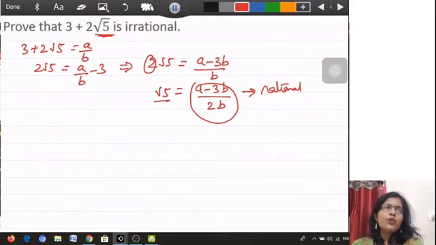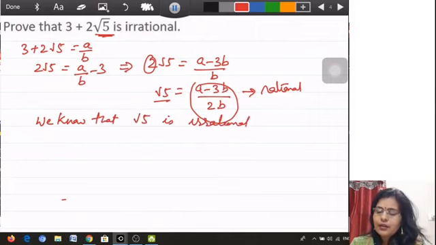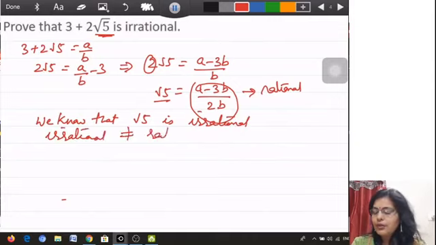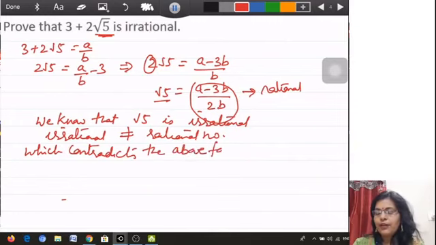So what do we say? That we know that root 5 is irrational, and irrational can never be equal to a rational number, which contradicts the above fact.